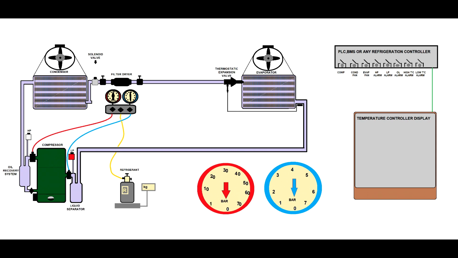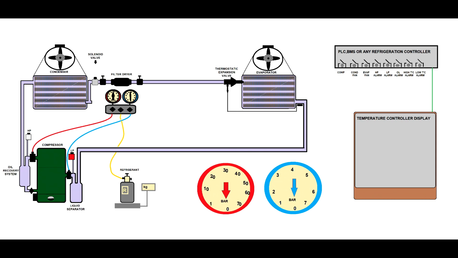If the vacuum is successful, you bring the gas bottle, the refrigerant bottle, and you attach it to the system. You open the refrigerant valve and then the manifold valve, and you start charging the system with refrigerant.